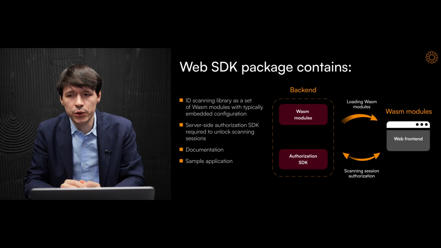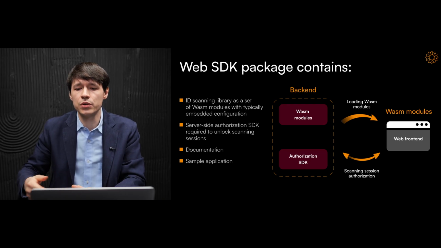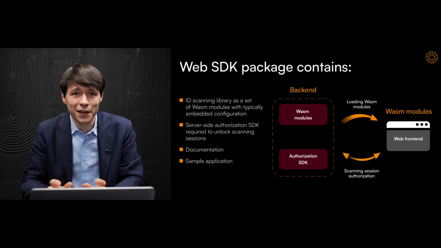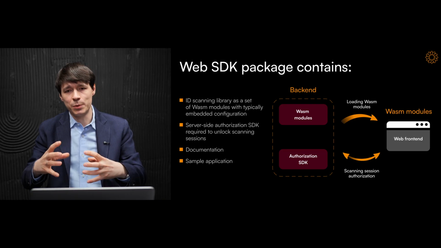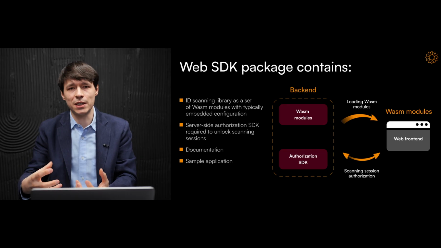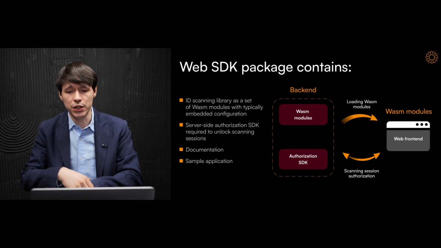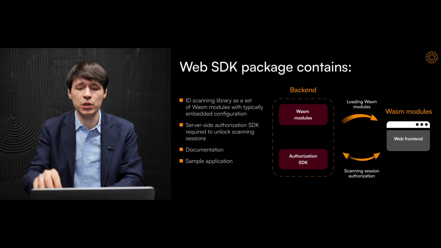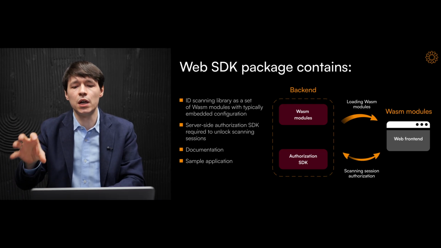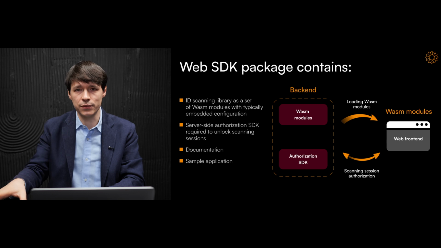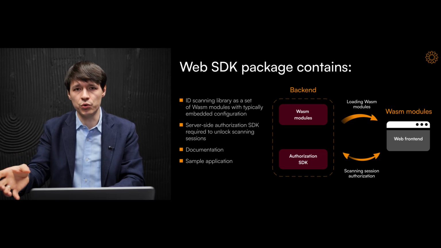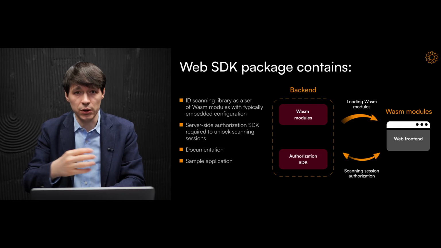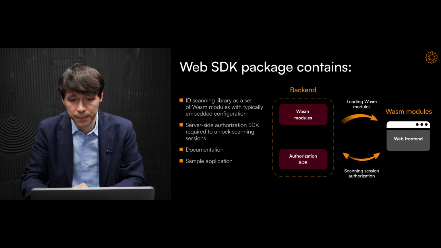Delivery usually includes multiple WebAssembly modules because different browsers still support different feature sets. So we ship a package containing multiple WebAssembly builds in the same configuration, and there is a backend component which automatically selects the correct module for each client. So when a client accesses it from Safari or from Chrome, the backend automatically understands which module to ship to the front end in order to maximize the performance for this specific browser.